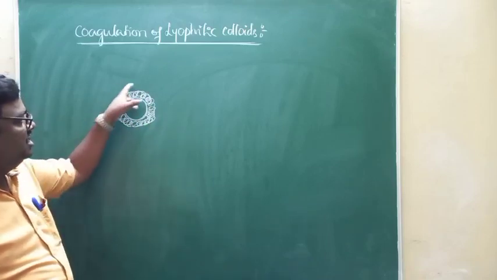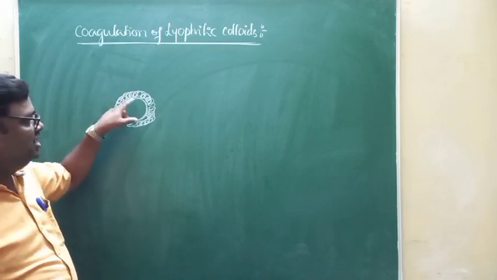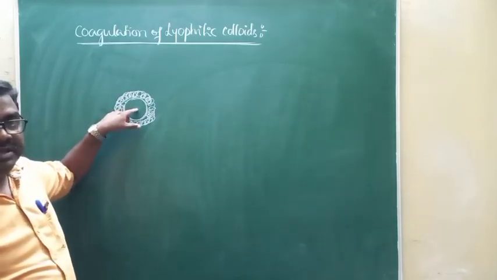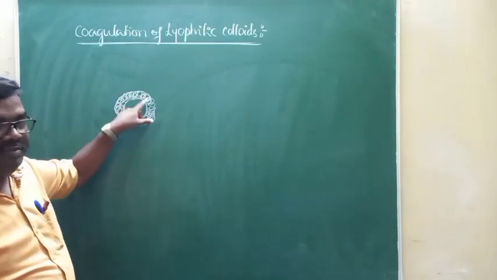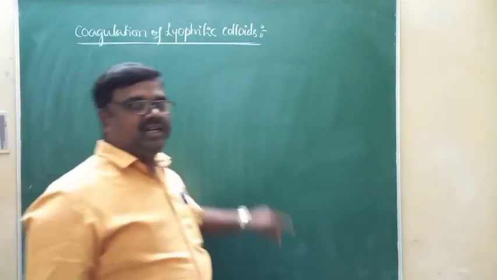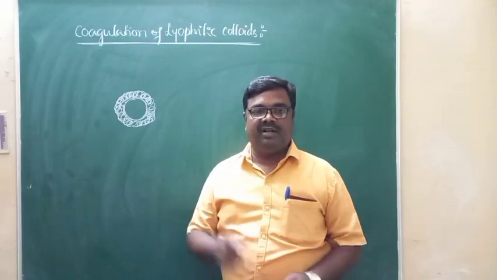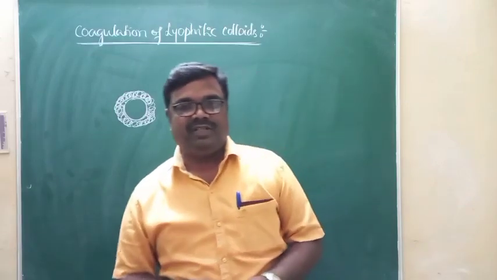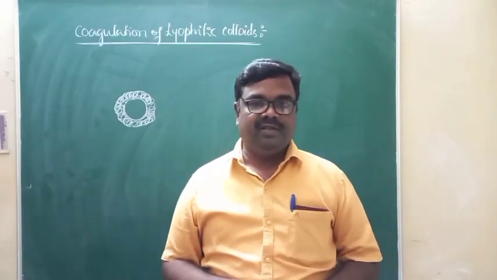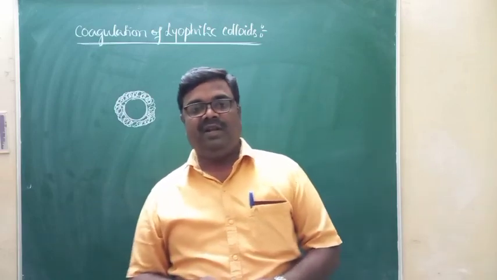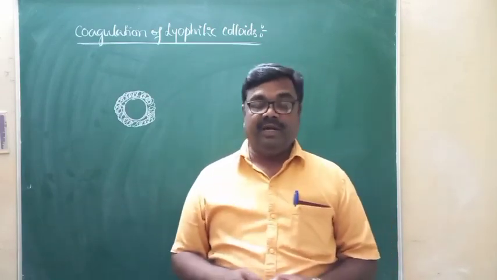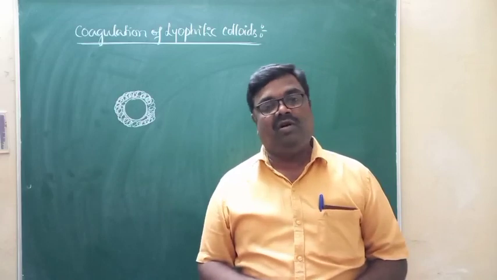Just observe the layer of dispersion medium around the dispersive phase particles. This sheath is going to protect the dispersive phase particles from coagulation. So because of that, lyophilic colloids are more stable and cannot be easily coagulated.